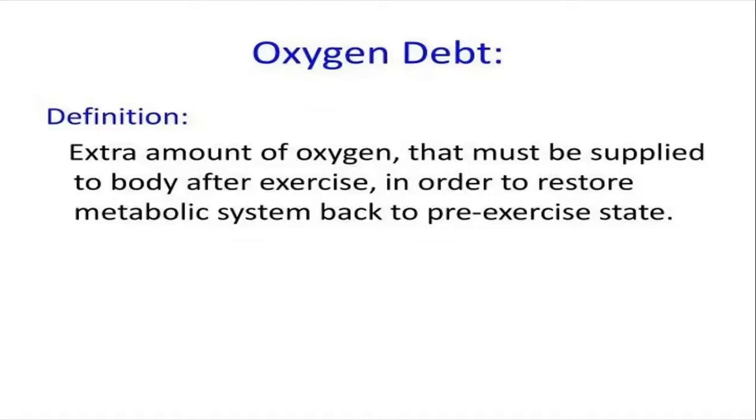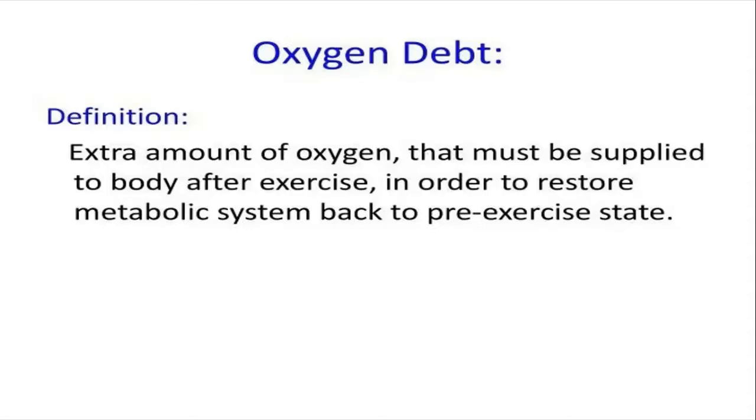After you do the exercise, you need to repay the debt that you have incurred by using these systems. The debt is the oxygen debt. It is 11.5 liters. The early portion of the oxygen debt is called the alactic acid oxygen debt, and it amounts to 3.5 liters.